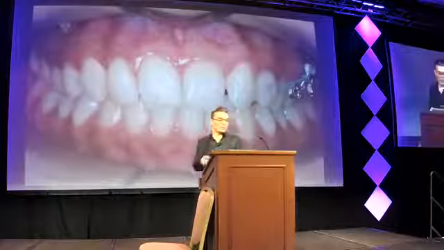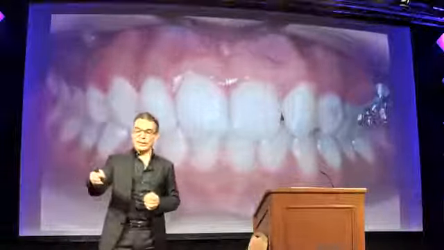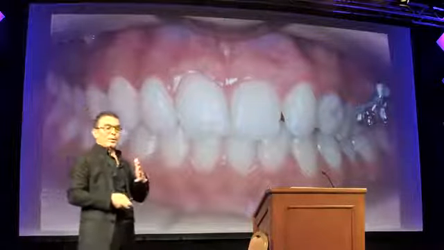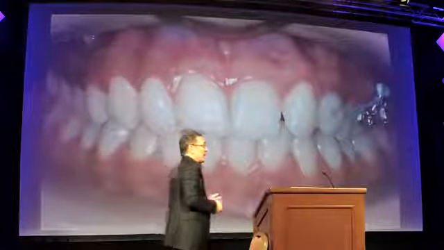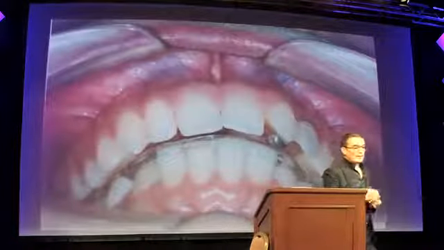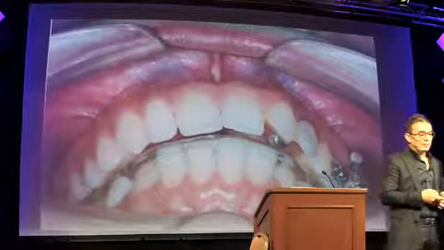So these are some views of the same phases. You see here how we are connecting our canine to distalize it a little bit. The auxiliary was moving the teeth horizontally and labially, and then with this distal traction we are distalizing and moving labially our canine.